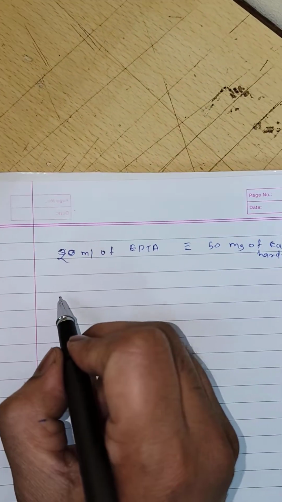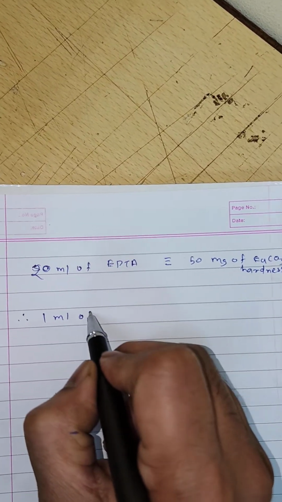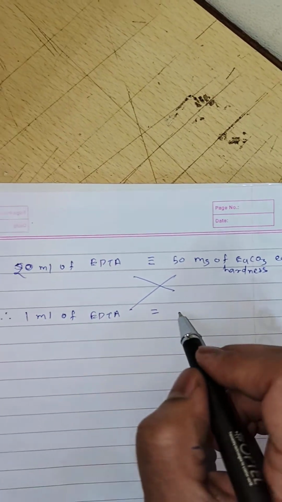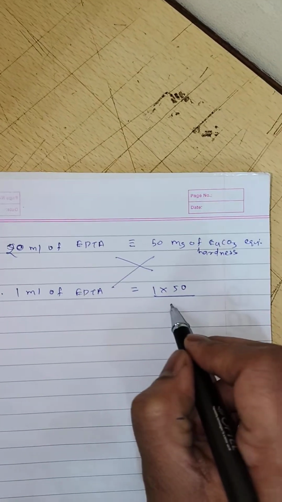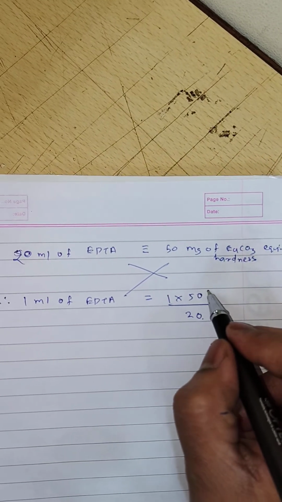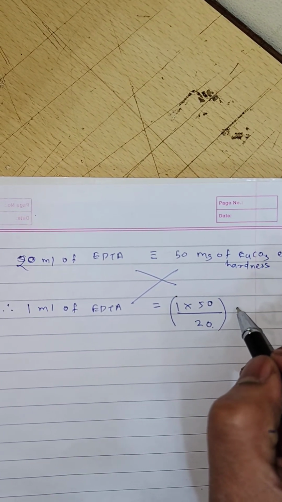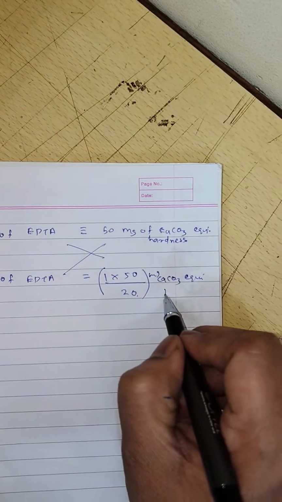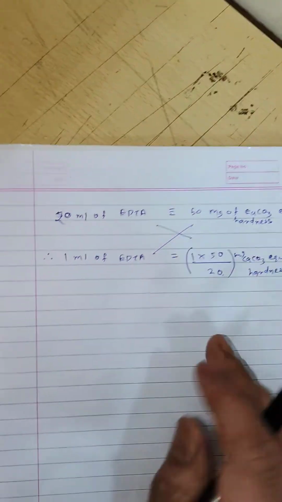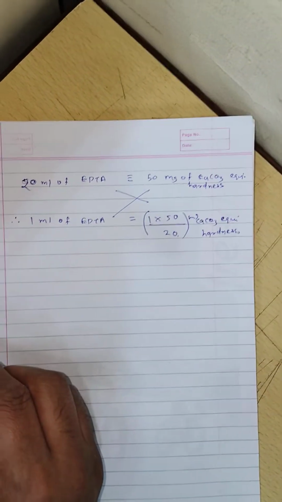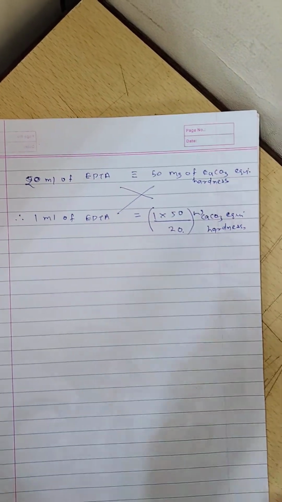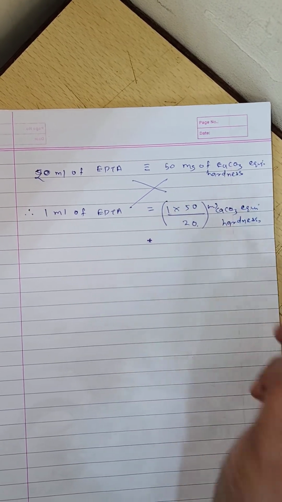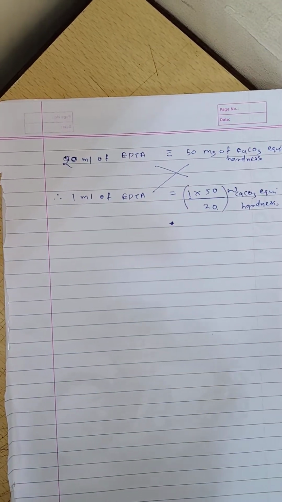Now for 1 ml, how much? Therefore 1 ml of EDTA corresponds to what hardness? By cross multiplication, we write 1 into 50 divided by 20 milligram CaCO3 equivalent hardness. Now you can calculate this here itself, or you can keep it as it is, 50 upon 20. So this will be step number 1.